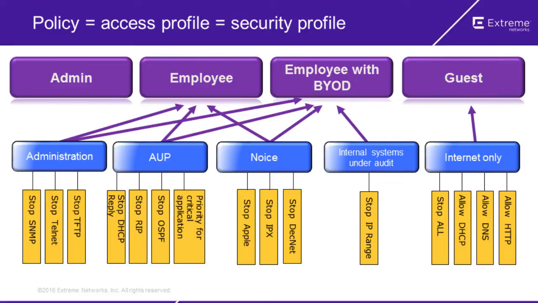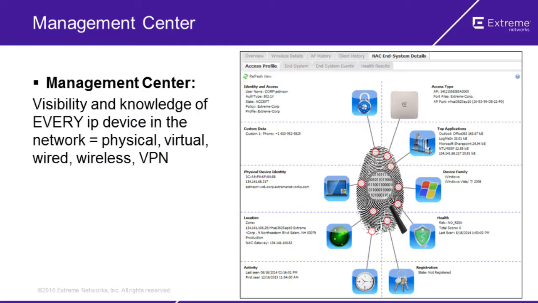I already mentioned those profiles, and demonstrated what is a guest, what is the employee, what is admin, what is IP phone, access point, and those kind of profiles. So just to summarize it, with the network management, I have the evidence and visibility to each and every end system which is in the network.